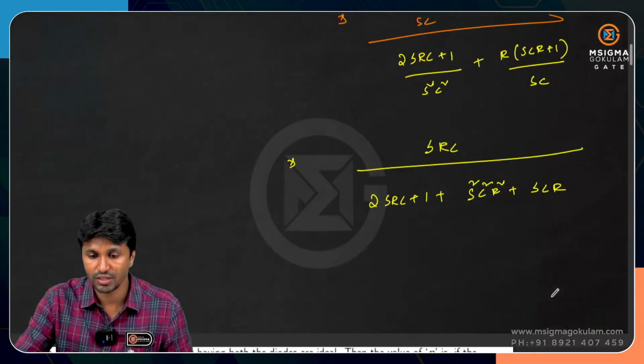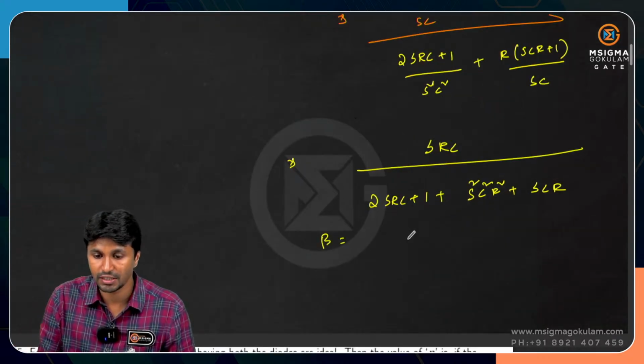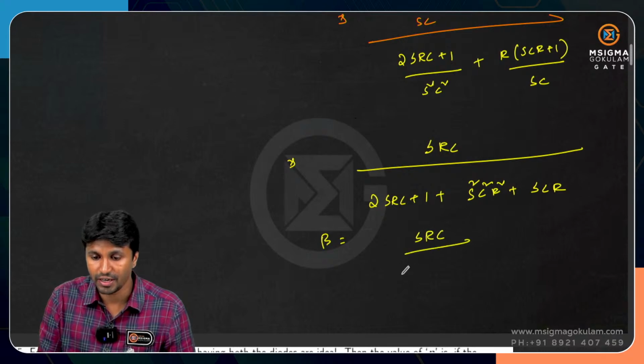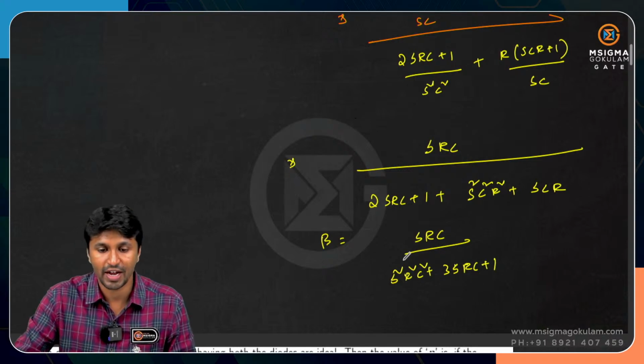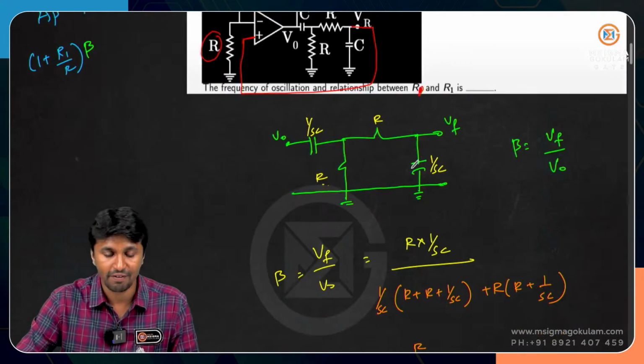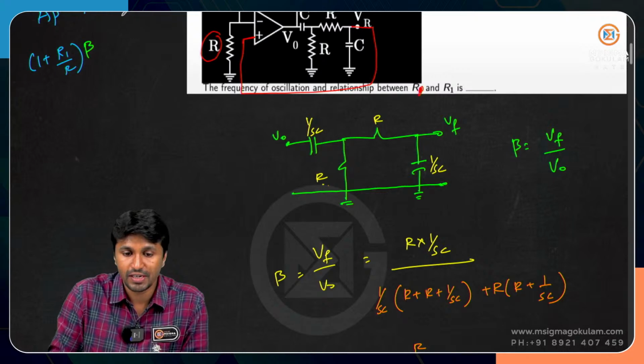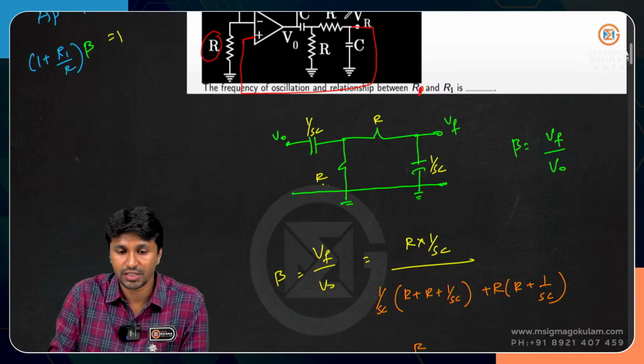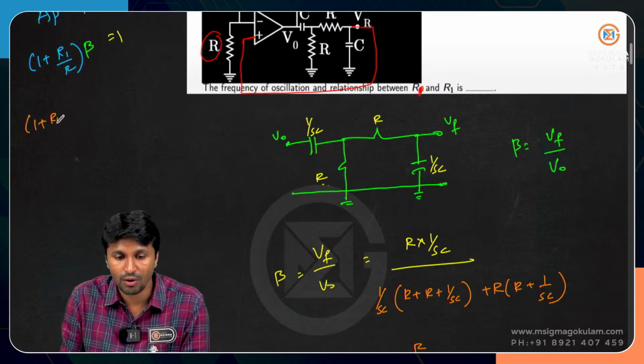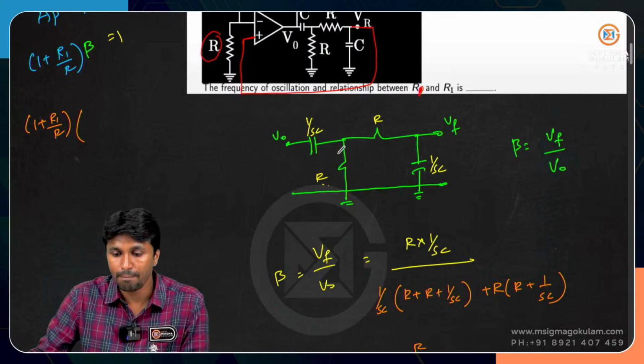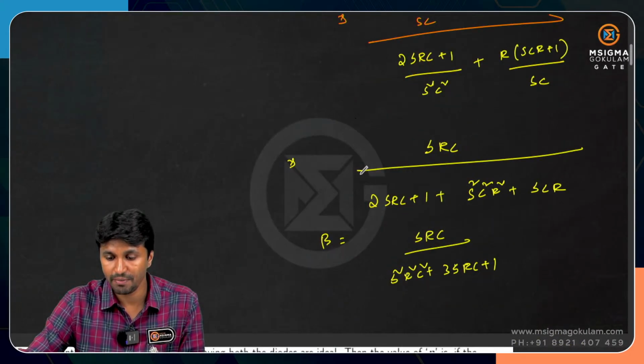So this is nothing but beta. Beta is SRC divided by S square R square C square plus 3 SRC plus 1. I have calculated beta. Now I will substitute into the Barkhausen's criteria: 1 plus R1 by R into beta.